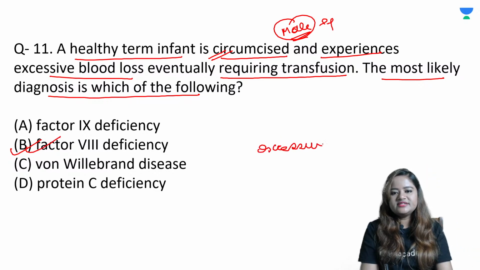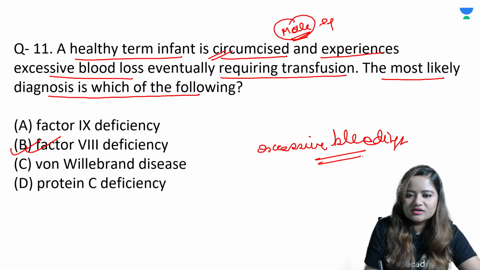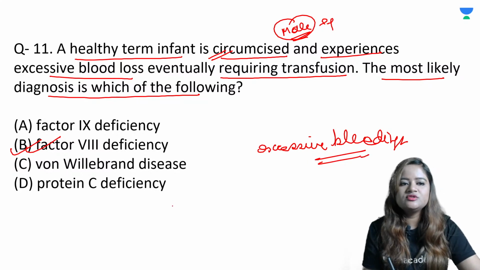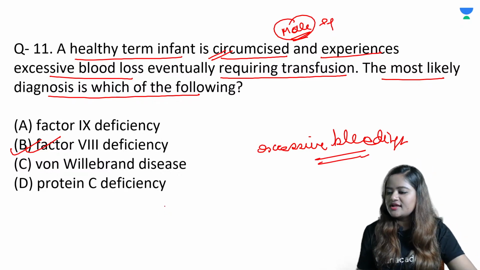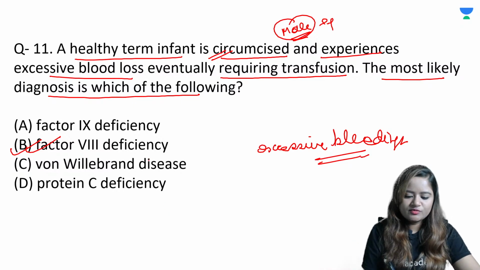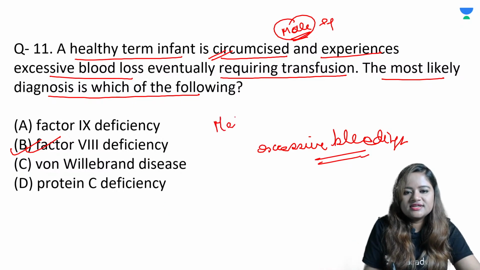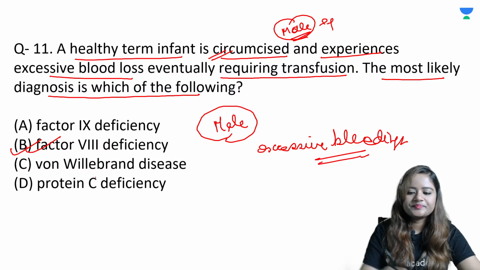Okay, excessive bleeding to normal cuts or normal procedures, like circumcision, is one point where these newborns get picked up because of excessive bleeding that does not stop. So the answer over here is going to be factor 8 deficiency, that is hemophilia, and it is classically mentioned as male. So that is one clue that the examiner wants to give you to mark your answer as factor 8 deficiency. Okay, is it clear?